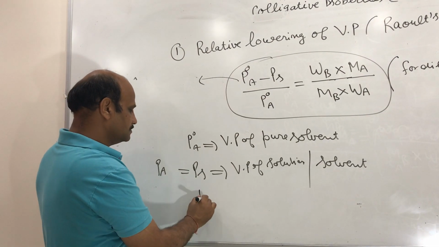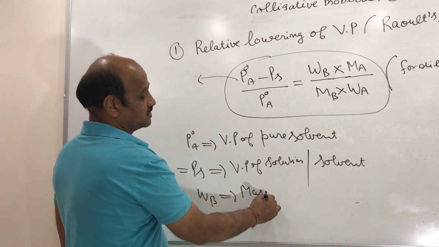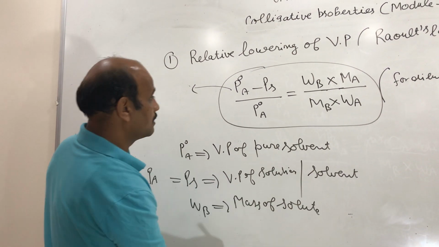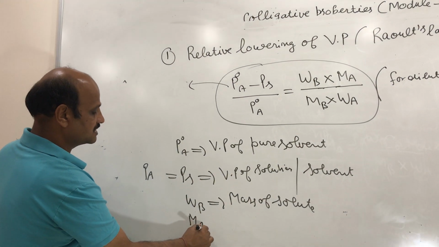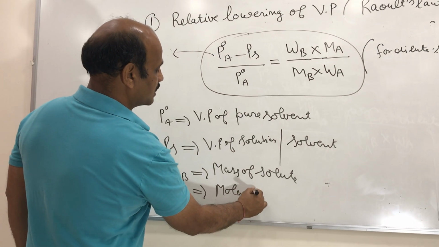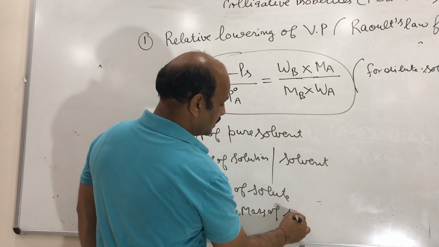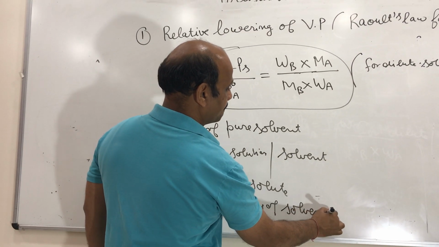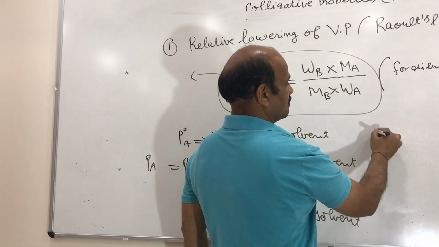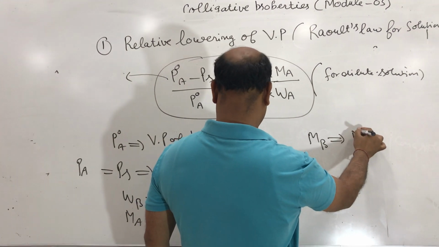WB, you know, that is mass of solute. MA is molar mass of solvent. MB is molar mass of solute.